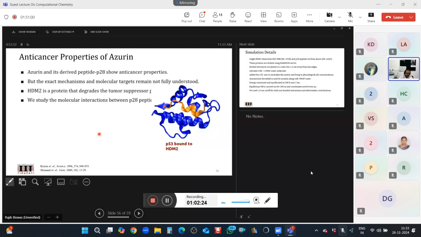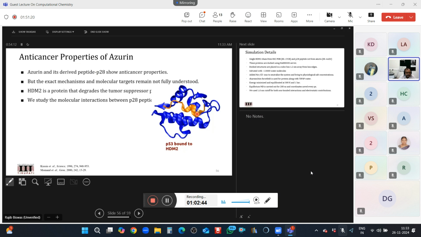This is actually under phase 1 trial in the US, and people are working to understand its molecular mechanism and to enhance its efficacy. So we tried to understand the same anti-cancer behavior of azurin, and we took this p28 amino acid residue.